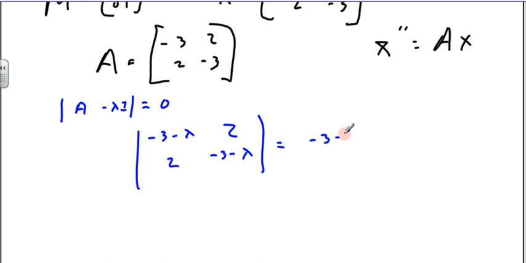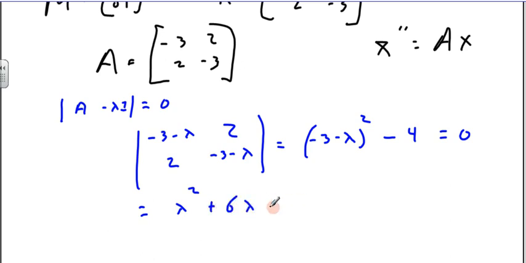Minus 3 minus lambda squared minus 4 has to be 0, so I have lambda squared plus 6 lambda plus 5, so I've got 9, 3 squared is 9, minus 4 is 5, has to be 0.